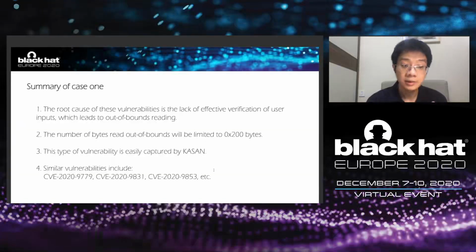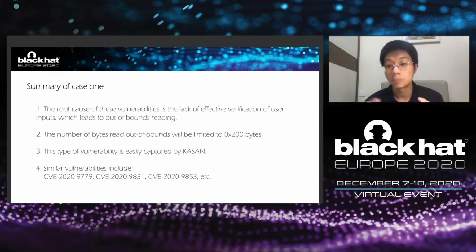So in summary, this type of vulnerability is straightforward and easy to fix. The vulnerable handler lacks the necessary verification for user mode input parameters. And with the kernel address sanitizer's help, such vulnerabilities are easy to hunt. We have several more cases.